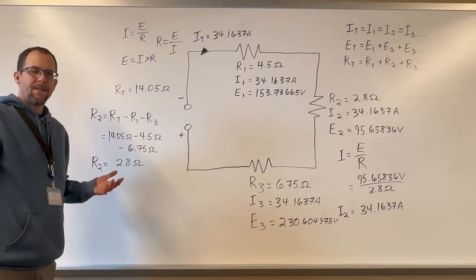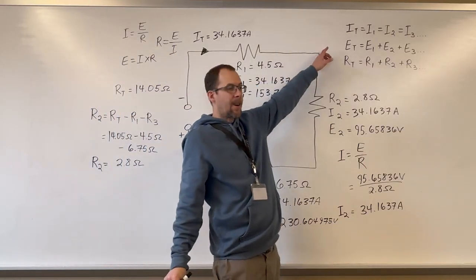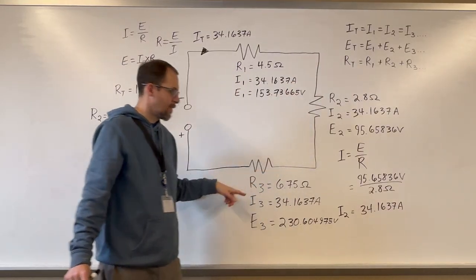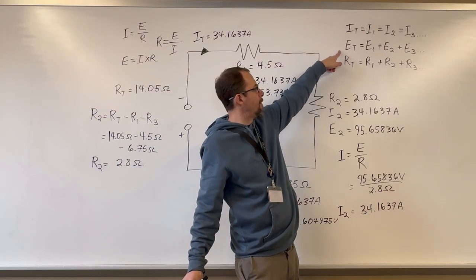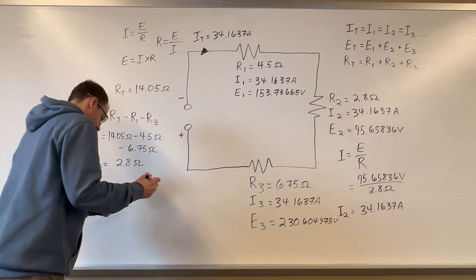Well, we still haven't solved this circuit. Do you remember? We can now figure out what our E total is, because don't we have the volt drops that occur at each resistor? And this says we just add them together, the sum of them is going to equal the source. So let's do that.